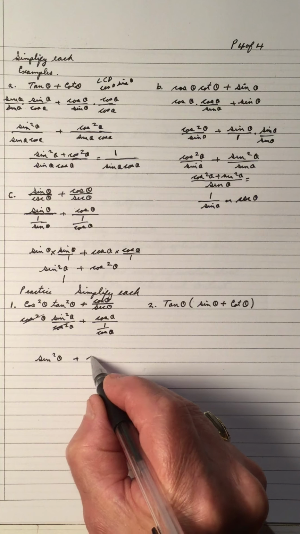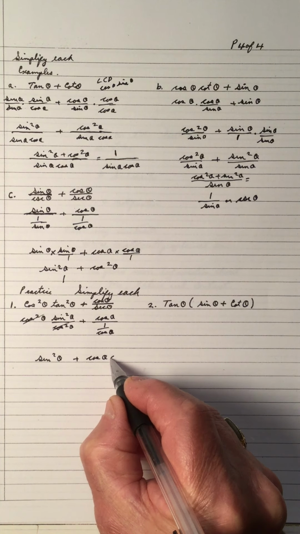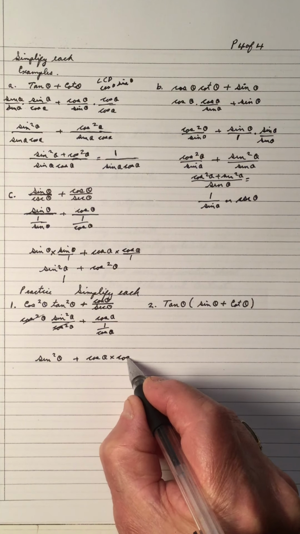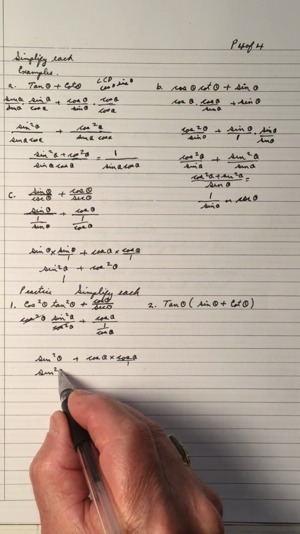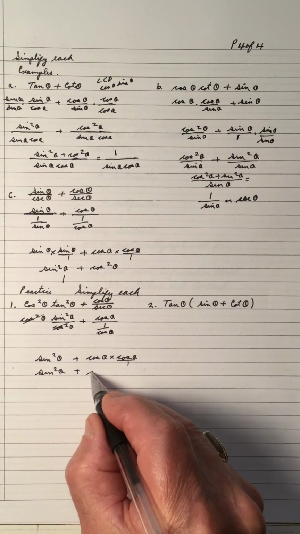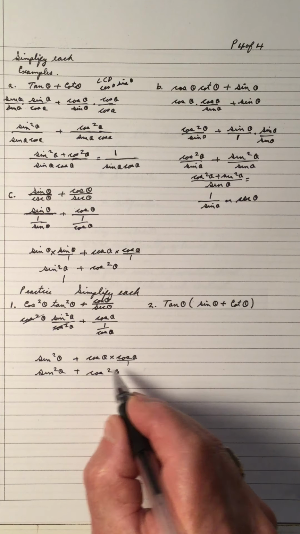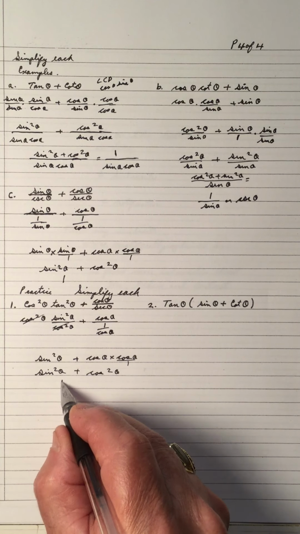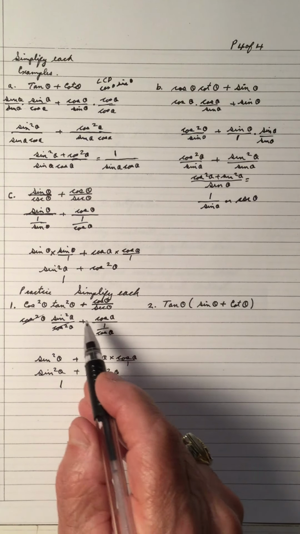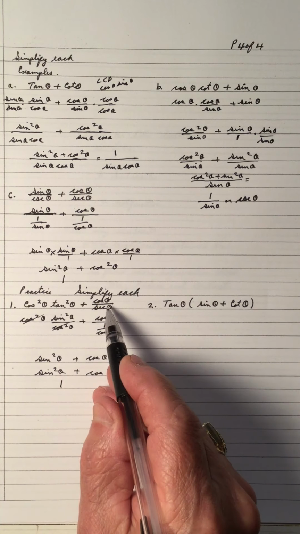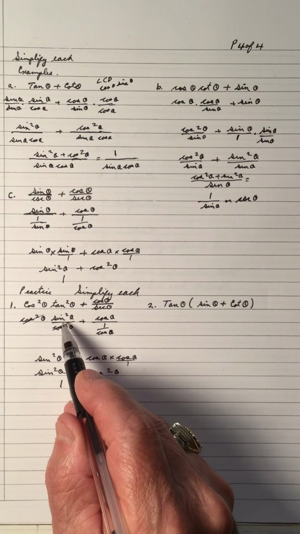And I got to divide here. So that's cos theta multiplied by the reciprocal, which is cos theta over 1. So that's sine squared. I got to multiply here to give me cos squared. Again, notice I changed tan and secant to cos and sines.